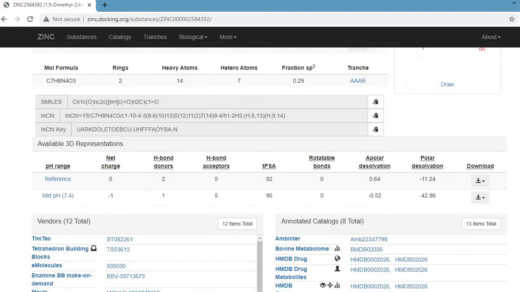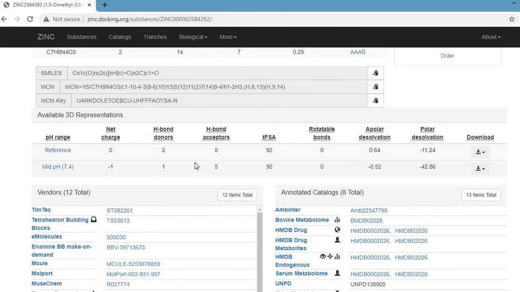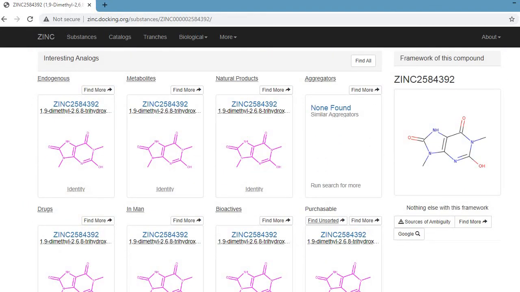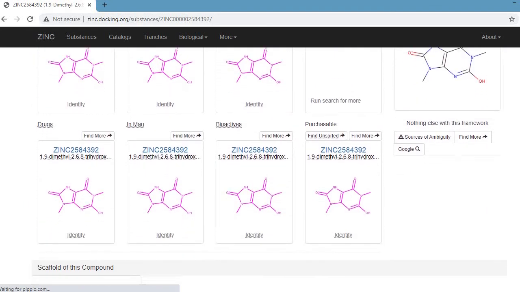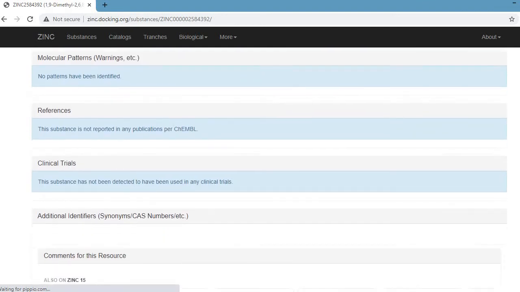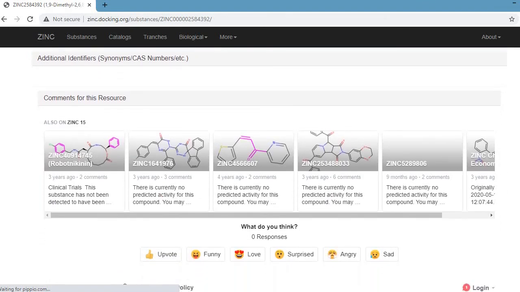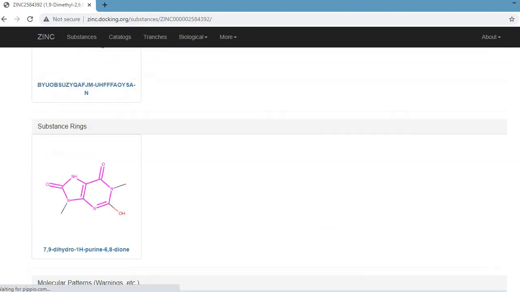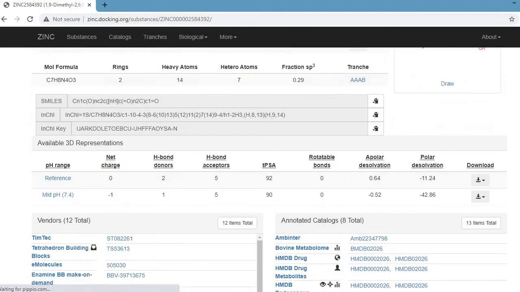These are the various informations like net charge, hydrogen bond donors, acceptors, total polar surface area, rotatable bonds. Along with this, there are various analogs also present for this molecule. So this is the various information related to this substructure.